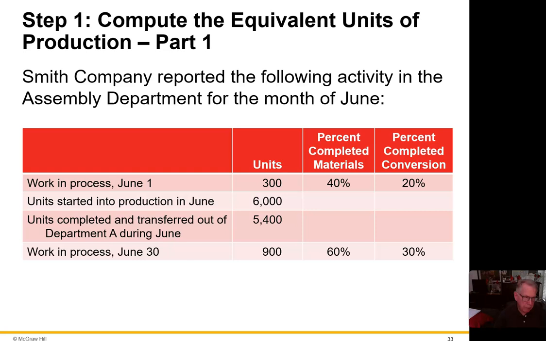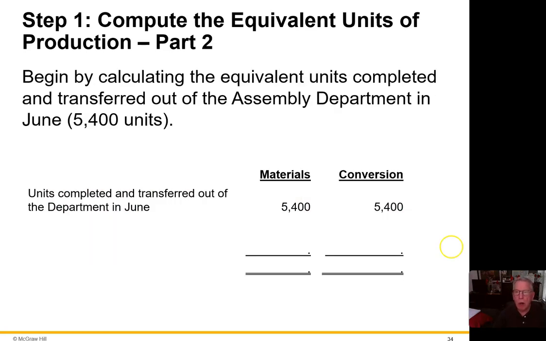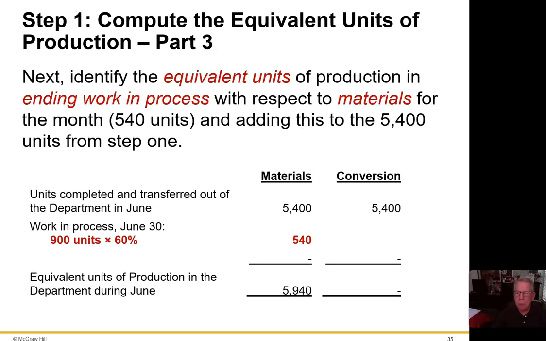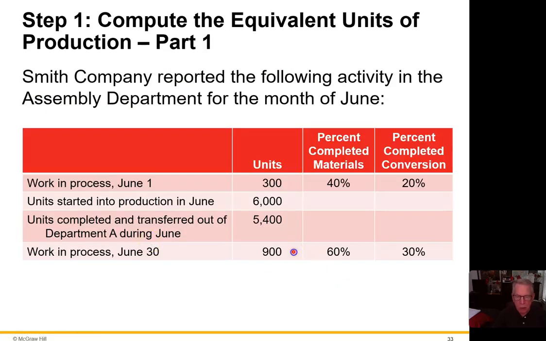So how do we convert this? We're going to begin by calculating the equivalent units completed and transferred out of the assembly department. Units completed and transferred out were 5,400 units. Those are 100% complete, so that's an easy calculation. Then we take the work in process ending inventory. We have 900 units at 60% with respect to materials and 30% with respect to conversion.